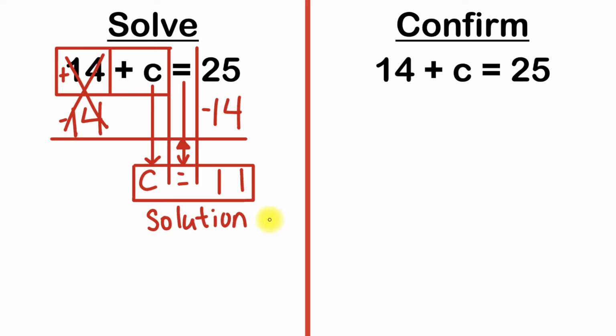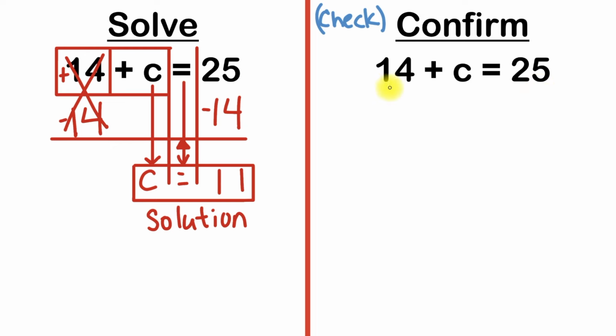So the next thing we're going to do is confirm that our solution, c equals 11, is correct. Most teachers call this a check. So let's check or confirm that our solution is correct. We always start with the original equation.